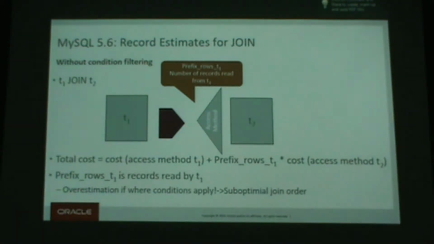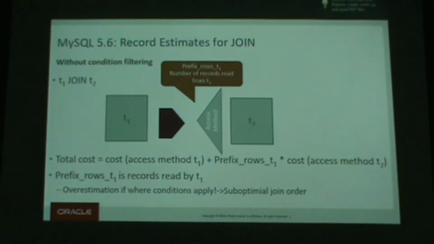So this is the improvement that I was talking about, overestimating of the resulting records from the join. So here is an example. You have 2 tables participating in the join, T1 join T2. So what was the total cost in 5.6? How it was calculated is, you have a cost of the access method that is used for T1.